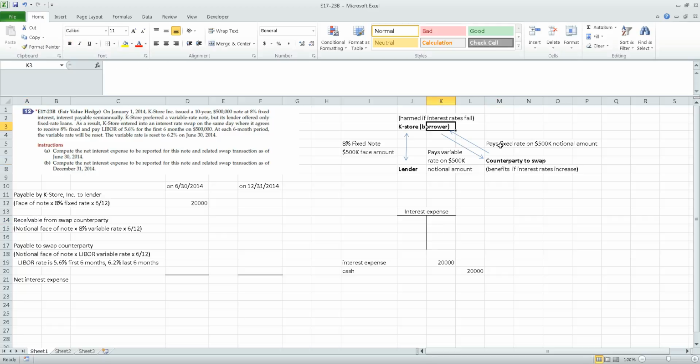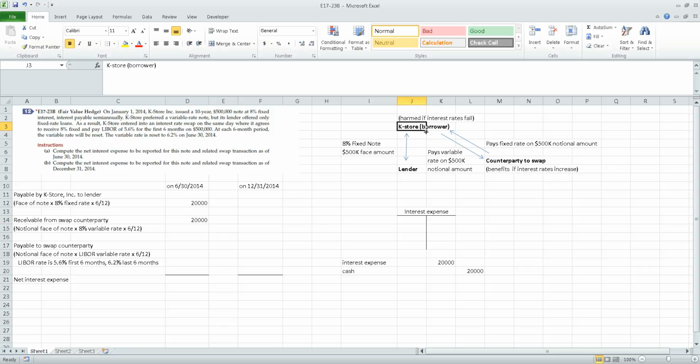Then K-Store is going to get a check from the counterparty equal to $500,000 times 8% interest times 6/12 of the year. In other words, it's going to be exactly the same as the check that they cut to the bank.